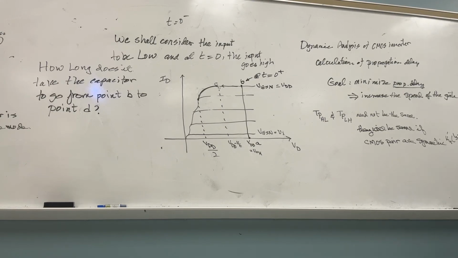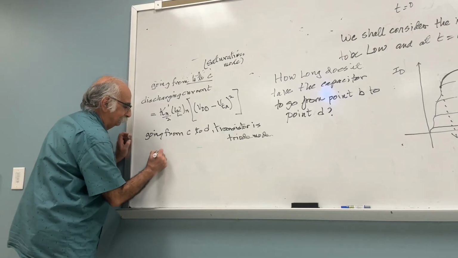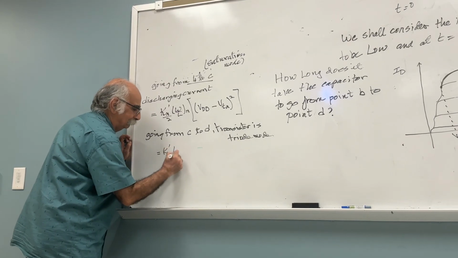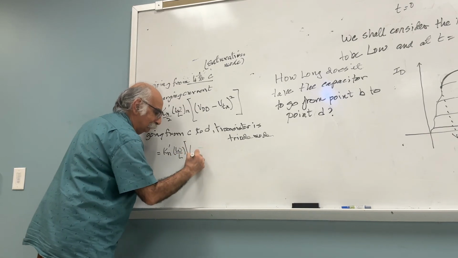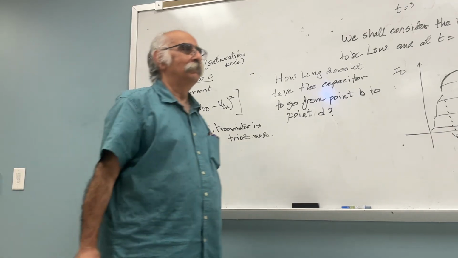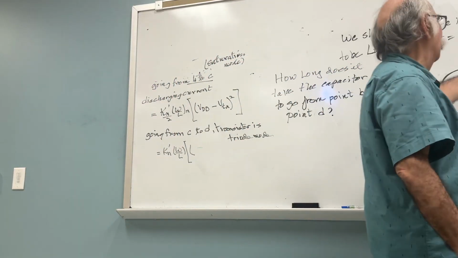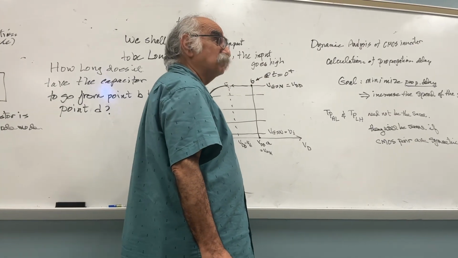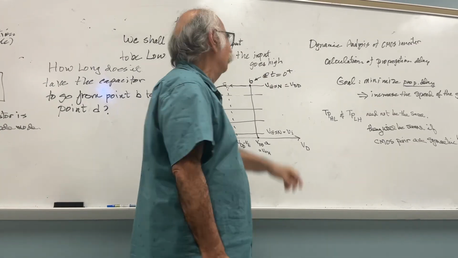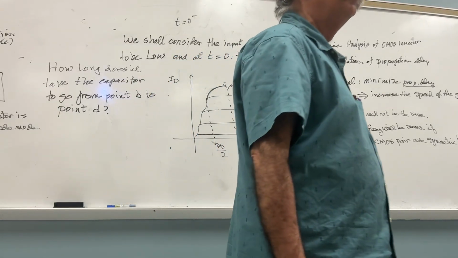Give me the equation for the triode mode. So what is it? KN prime over 2, W over L, VGS minus VT. VGSN, still VDD. I am moving around the same graph.